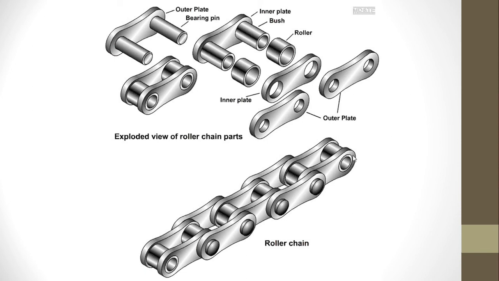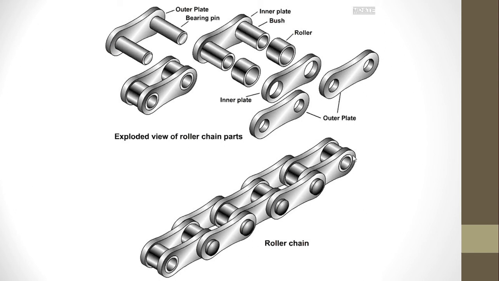Okay, if we go for the post-mortem of the chain, roller chains are the most common one, because they are good power transmitters. If you want to see how these roller chains are designed, or what their mechanism is, you have to disassemble it.